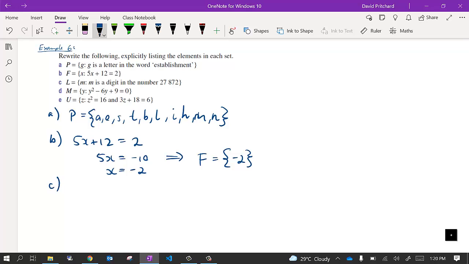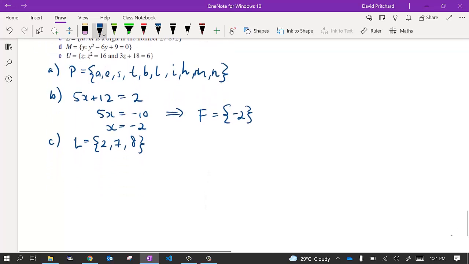Look at C, we've got set L, M such that M is a digit in the number 27872. So we're just looking at digits here. So L includes the elements 2, 7, 8, and then 7, 2. Again, we don't repeat those elements again, so L is simply {2, 7, 8}.